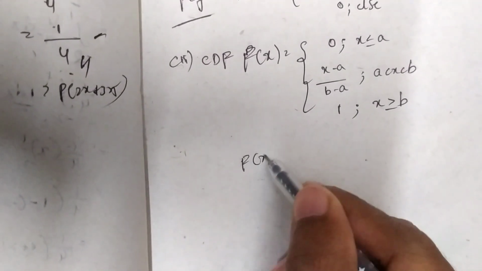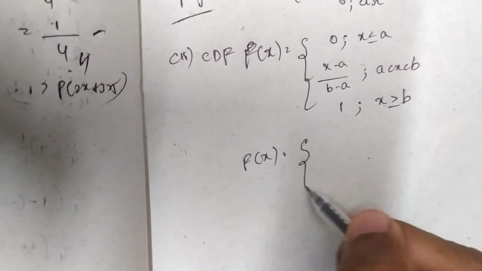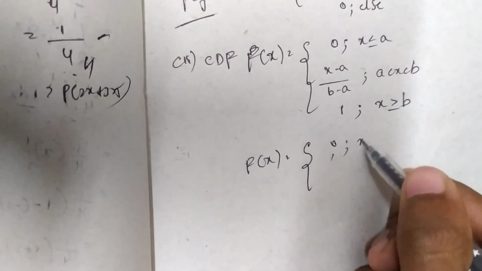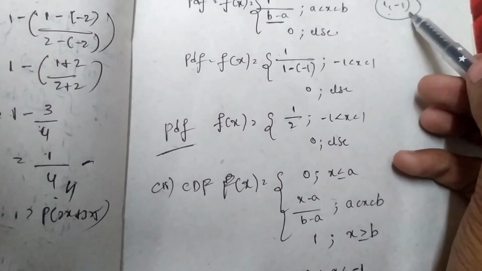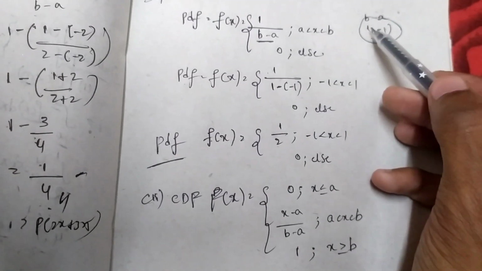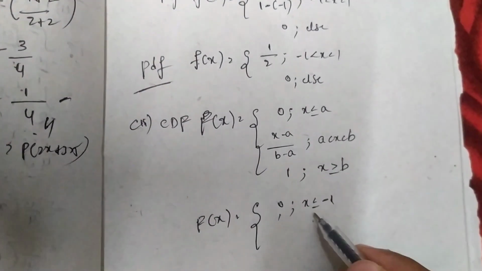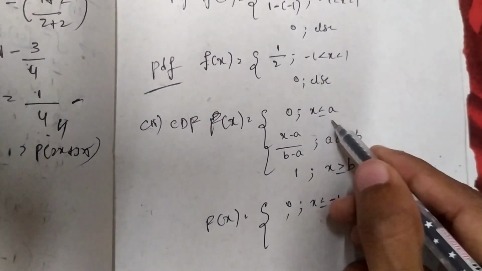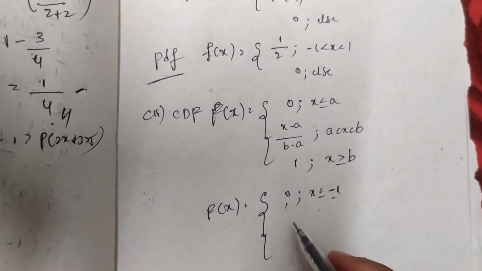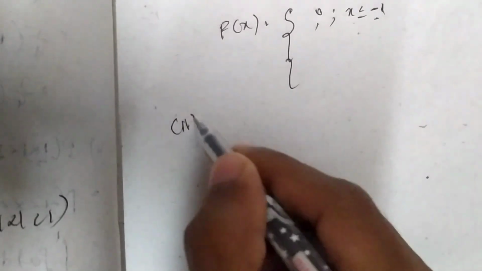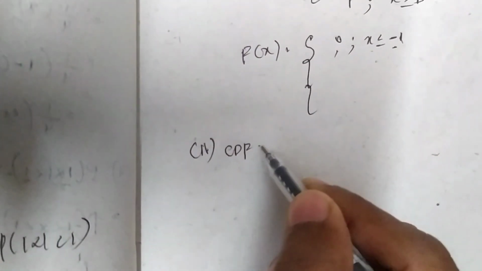Here the cumulative function is 0 for x less than or equal to minus 1, because the points given are 1 and minus 1. We are taking a value as minus 1 and b value as 1. So in the place of a we substitute minus 1.